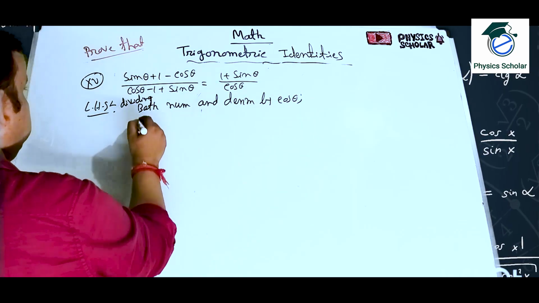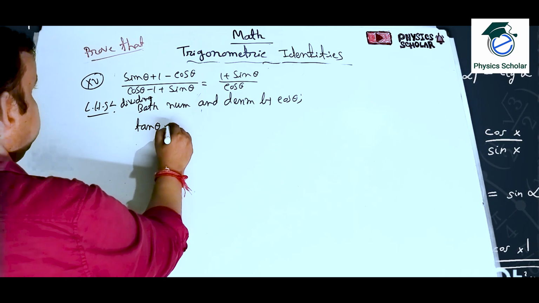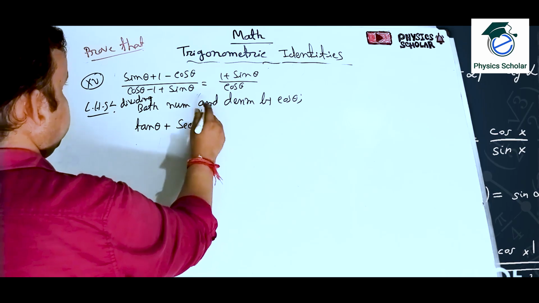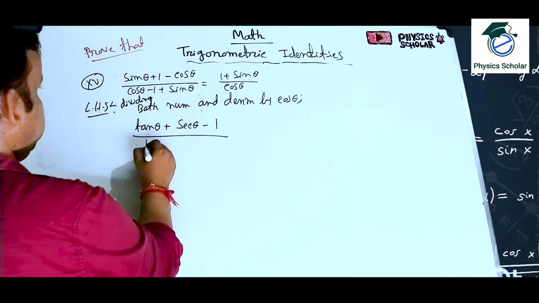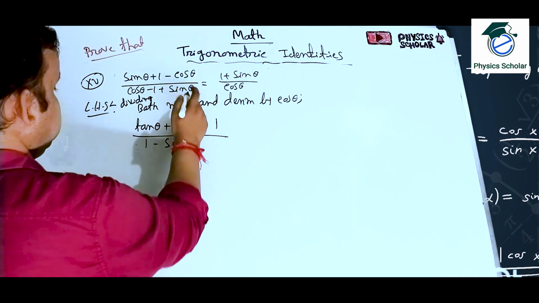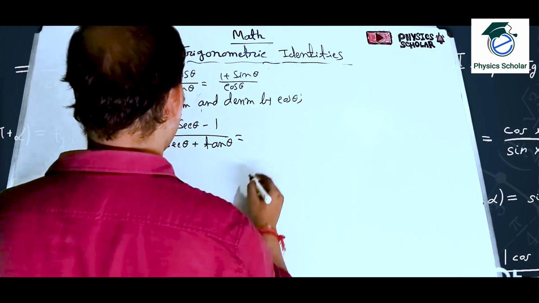So I am writing together. So sin theta by cos theta means what? Tan theta. Tan theta plus 1 by cos theta means what? Sec theta. Minus cos theta by cos theta means 1. Whole divided by cos theta by cos theta means 1, minus 1 by cos theta means what? Sec theta plus sin theta by cos theta means tan theta. Clear?